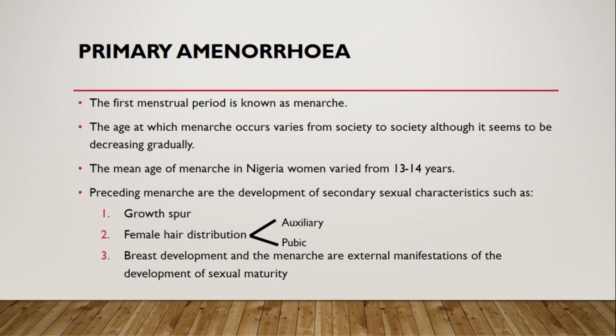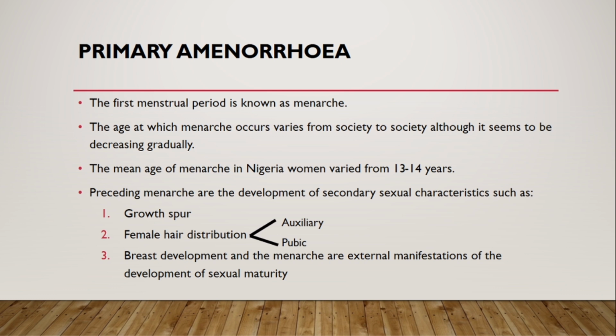In Nigeria, the mean age of menarche is about 13 to 14 years. But we have isolated cases of some ladies having their menarche at 11, 12 years.